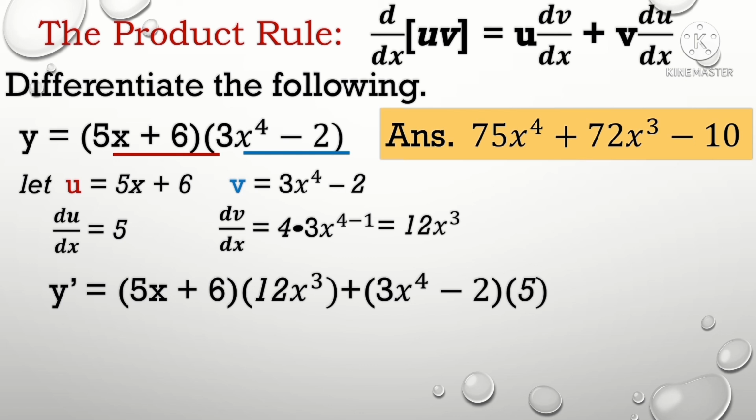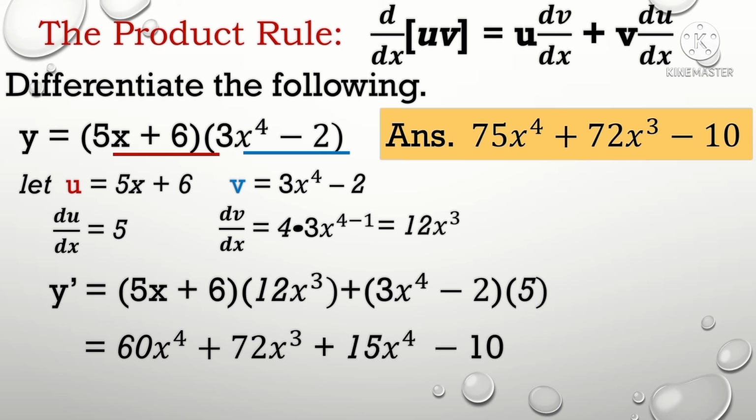Let's simplify. First term. So distribute 12x raised to 3 to this term. So 12x raised to 3 times 5x, that is 60x raised to 4. And 12x raised to 3 times 6, that is 72x raised to 3. Then for the second one, 5 times 3x raised to 4, that is 15x raised to 4. 5 times 2, that is negative 10 or minus 10.